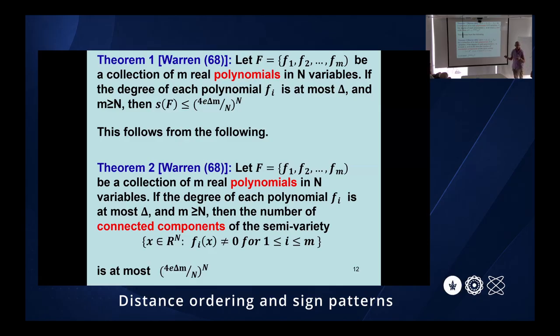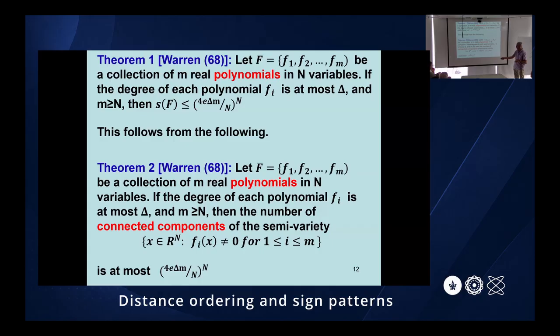Now, the way this is proved is actually that what he really proves is the following. He bounds the number of connected components of a semi-algebraic variety. So we have these functions f_1 up to f_m, each of them a polynomial in n real variables of degree at most delta, and we look at the connected components of the set of all points in which no f_i vanishes. So we throw out all the places where some f_i vanishes, and this has some number of connected components.